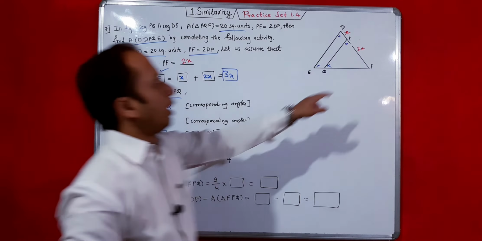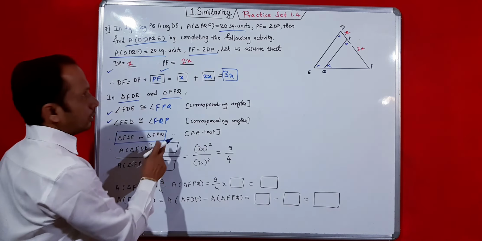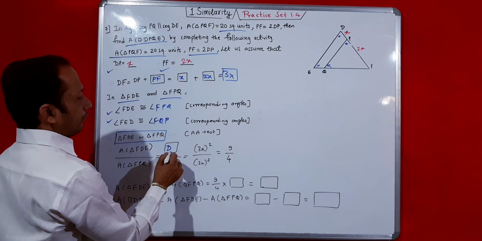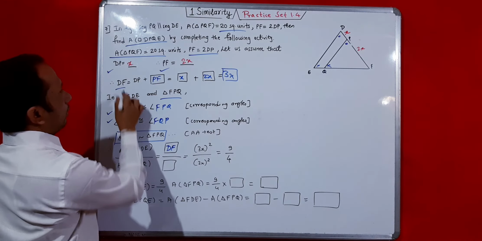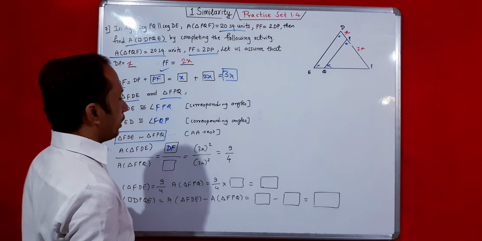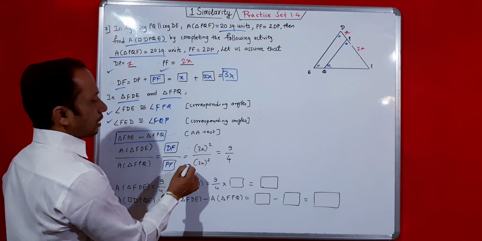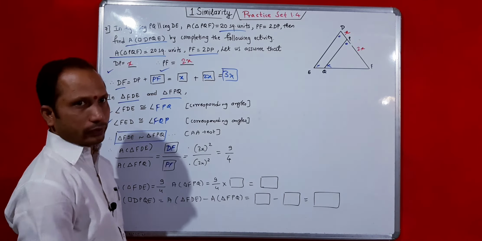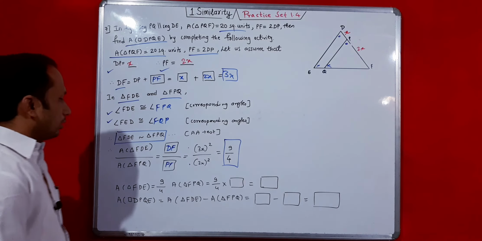is equal to the square of DF over PF. The whole DF is 3x and this PF is 2x, in brackets squared, so 9 upon 4, x square gets cancelled, so you will get 9 by 4. This is the value. Now just rearrange this.